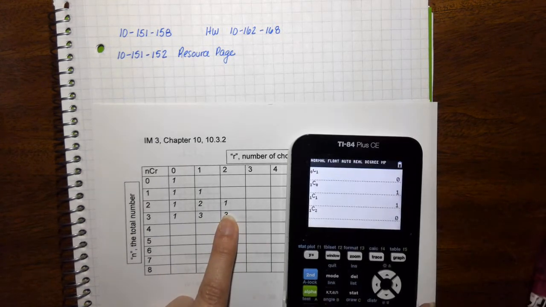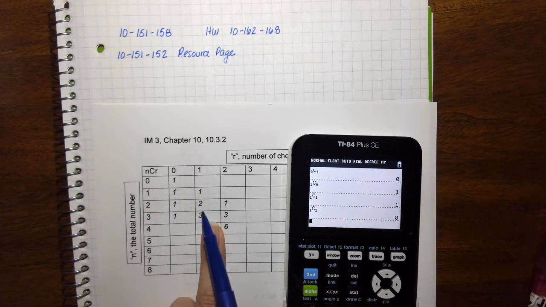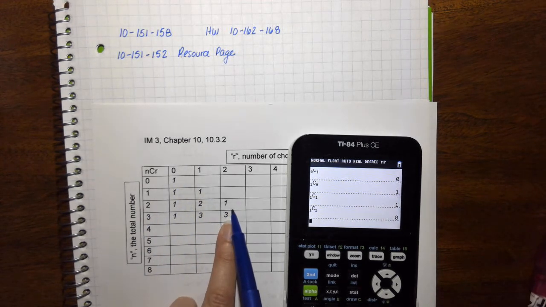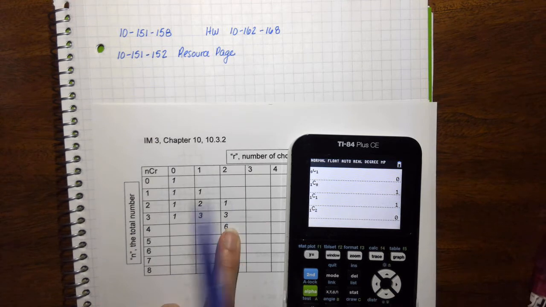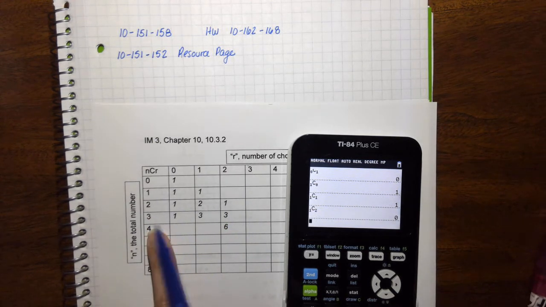So for this, you have 2C0, 2C1, and 2C2. And that's as far as you can get there, because 2C3 won't exist. 3C0, 3C1, 3C2.